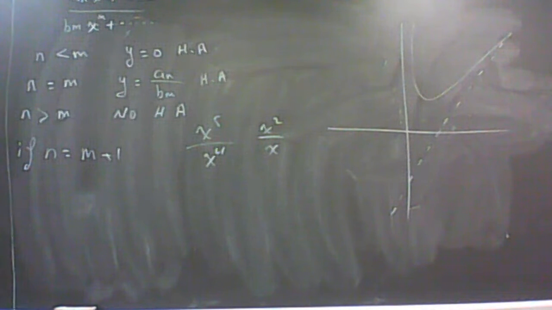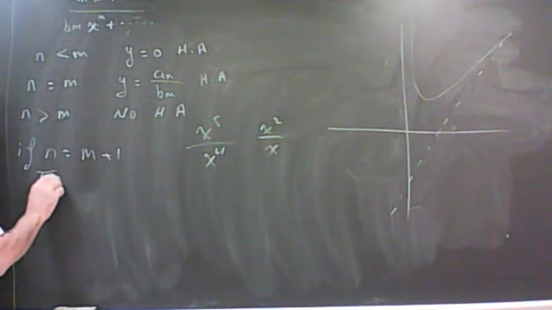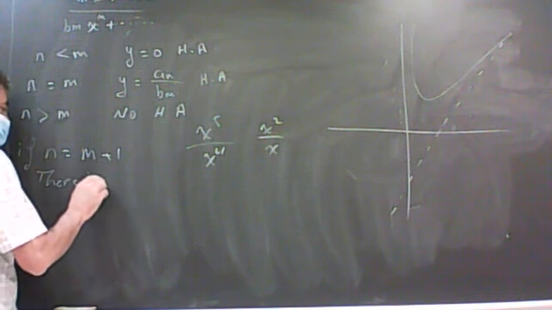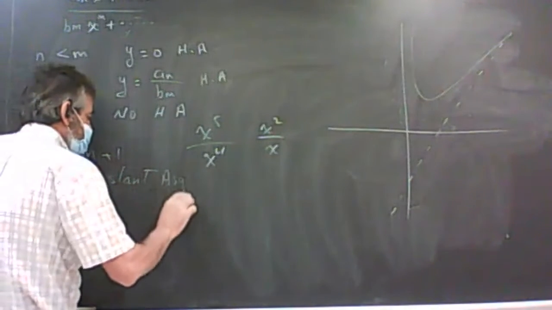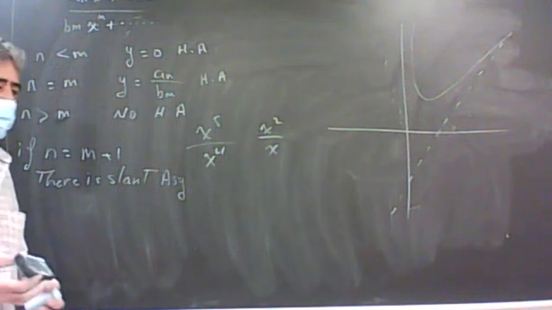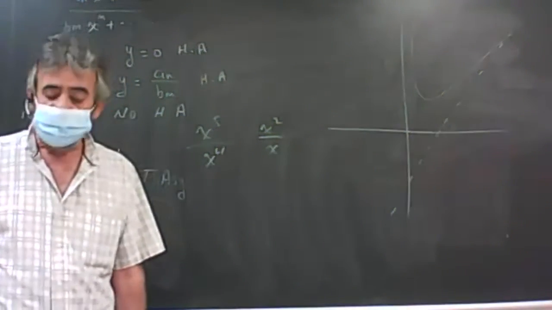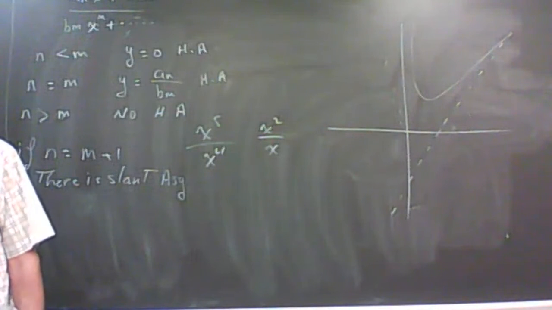Okay. How do I determine what that slant asymptote is?